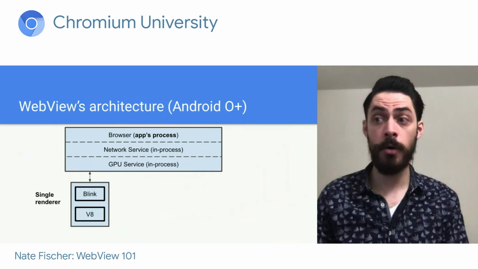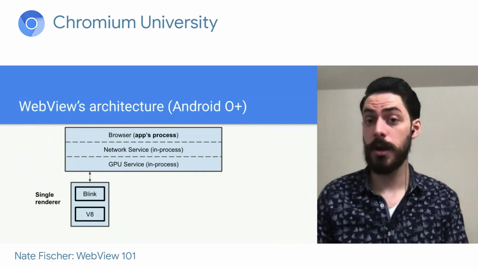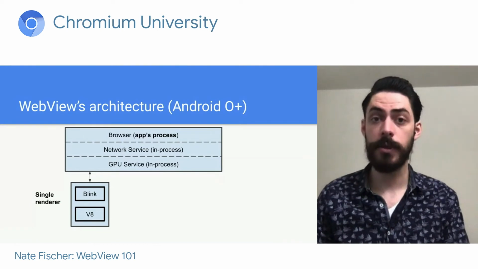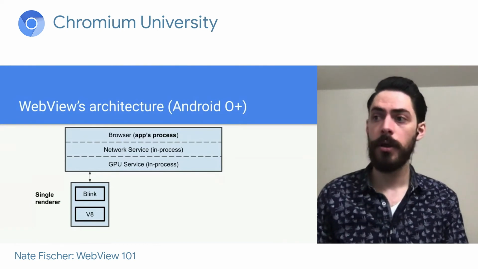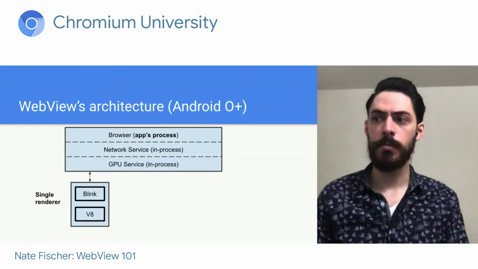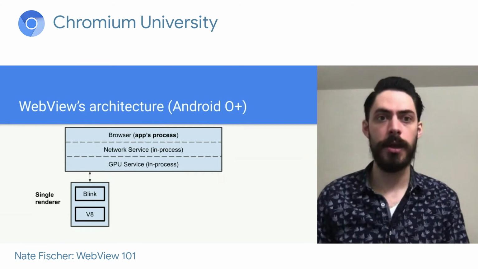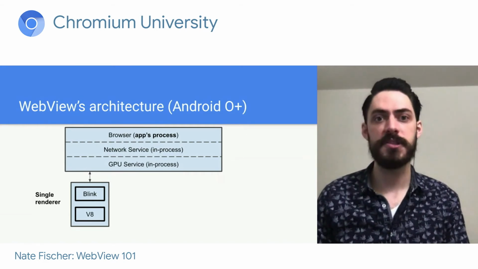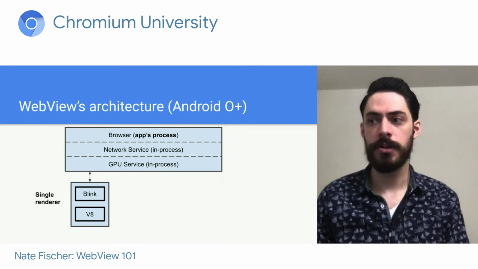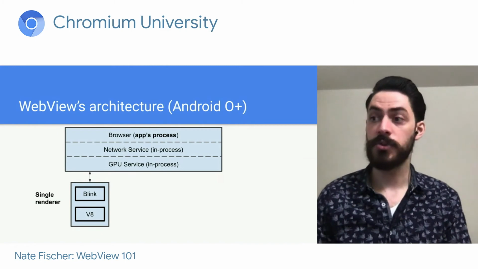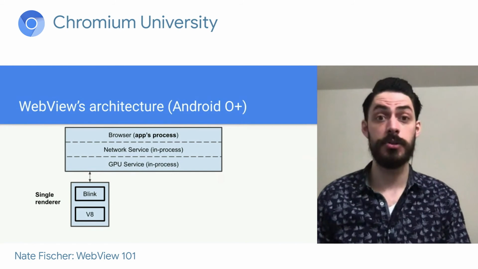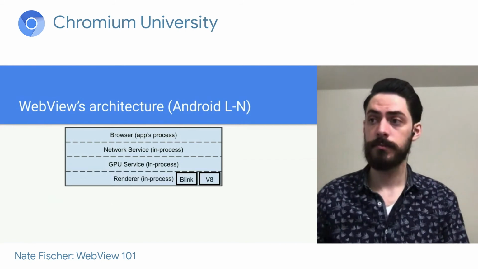So this is almost the same as the previous diagram, but we only have one renderer process. No matter how many web views we have, they will all share a renderer. And the browser process is, again, the same as the app's process. So they're going to share the same address space. And we're still going to have the network service in process and the GPU service in process.